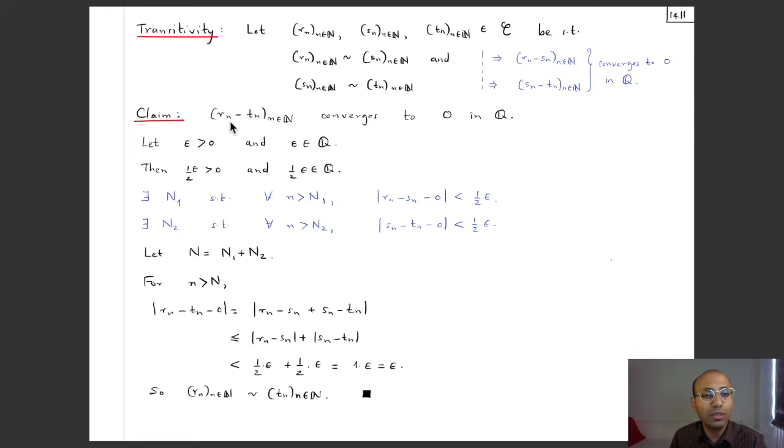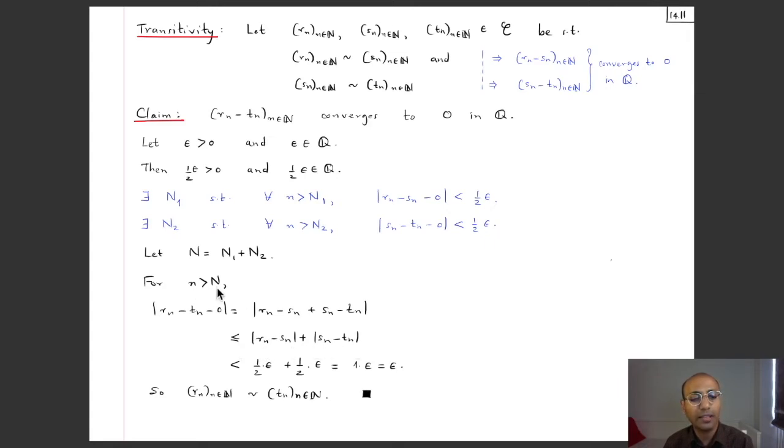And now the distance of the nth term to the limit for this little n beyond this capital N is given by, now I know stuff about Rn minus Sn and Sn minus Tn, but here there is no Sn, so we artificially introduced that by adding and subtracting Sn. So this is equal to mod of Rn minus Sn plus Sn minus Tn, and by the triangle inequality this is less than or equal to mod of Rn minus Sn plus mod of Sn minus Tn.